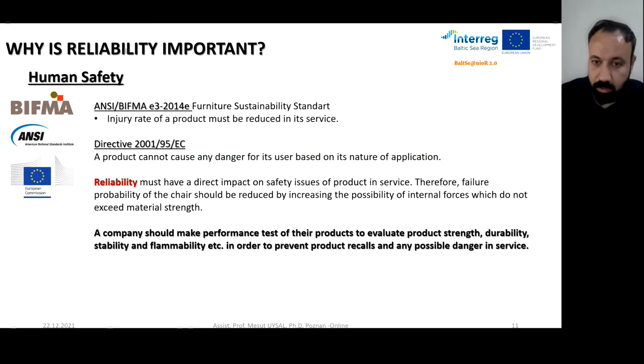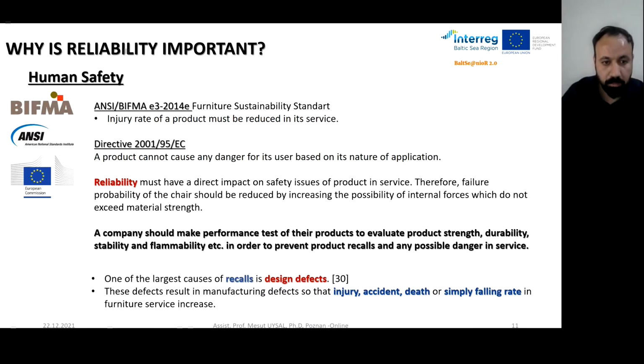So it is really costly for the producers. One of the largest causes of recalls is design defects. This design defect generally comes from the liability. This defect results in manufacturing defects, so that injury, accident, death, or simply the failure rate in furniture service increases.